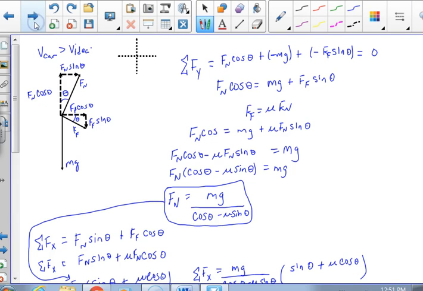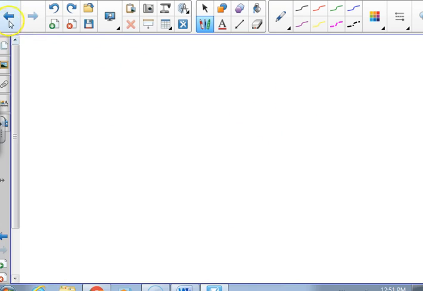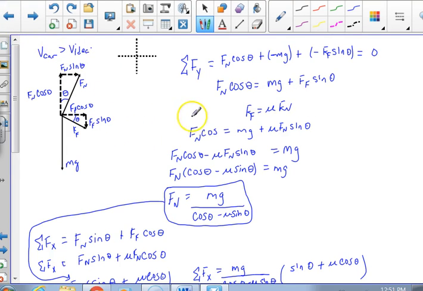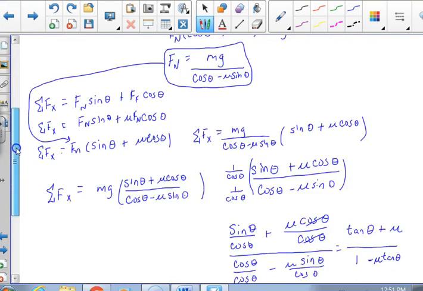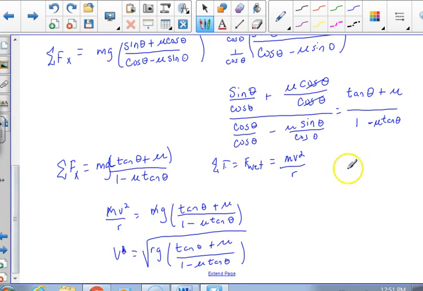Okay, so if we come back to this, let's call the blue in this case the maximum velocity. What would we do to get the minimum velocity?